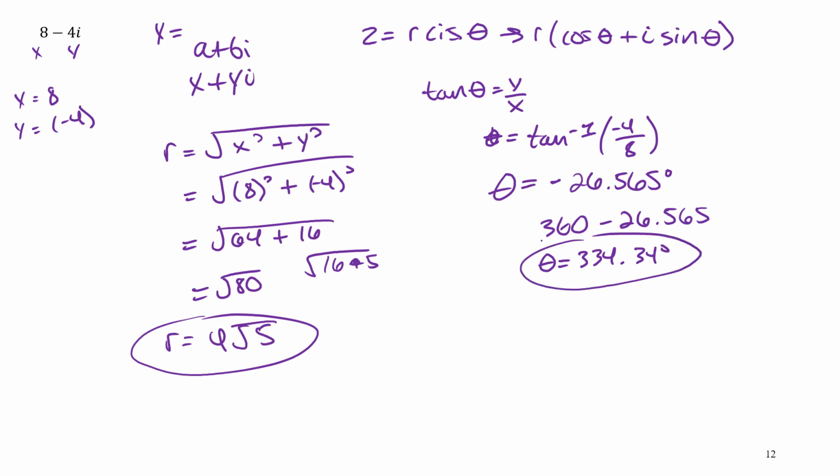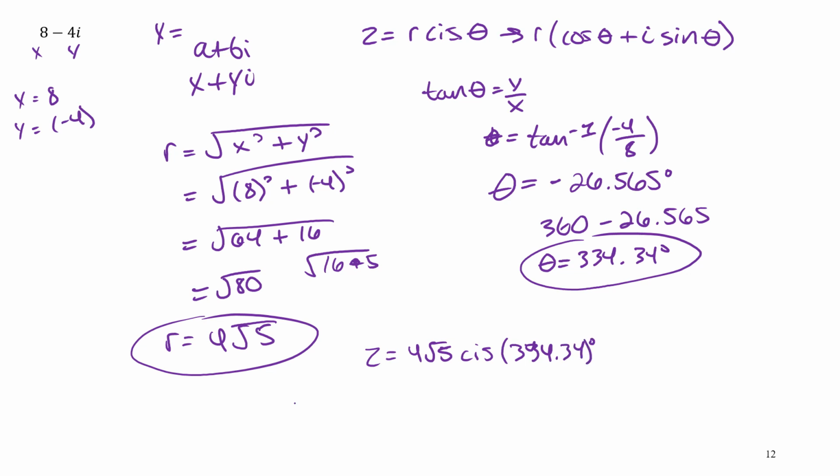And then all we have to do is write it in the terms of z equals. So writing it out, we would get z equals the short version, which would be 4 square root 5 cis, with the angle in degrees.